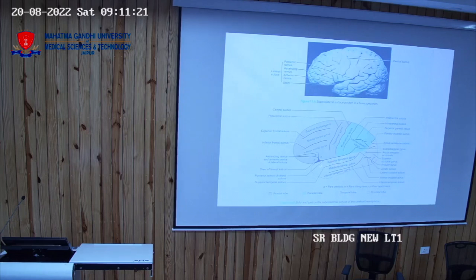Now see here another part. What is it? Superior temporal sulcus. This extends posteriorly into the inferior parietal lobule. And similarly, the posterior ramus of the lateral sulcus is also extending here. And the inferior temporal sulcus is partly extending into the occipital lobe.